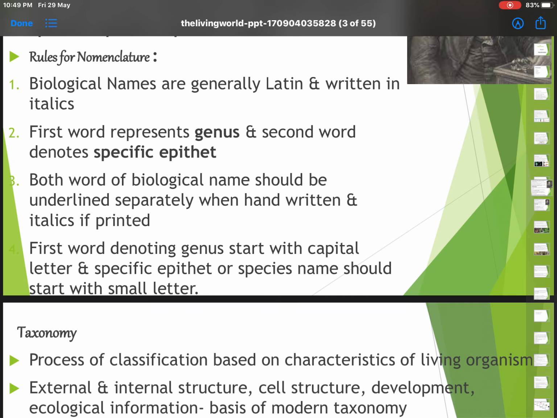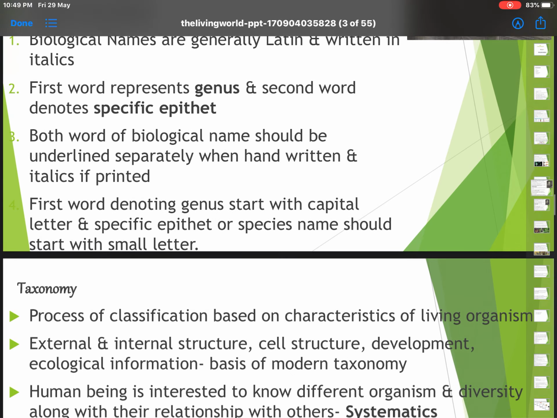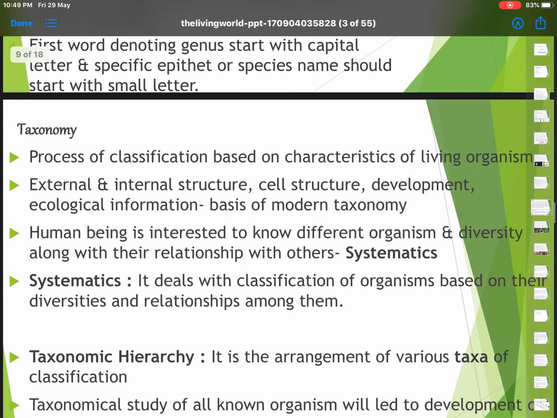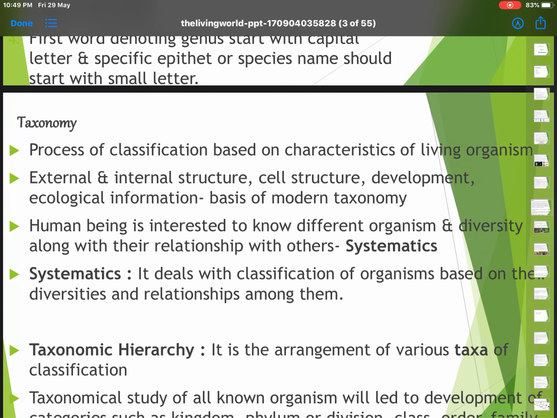For example, our own Homo sapiens. Homo is the genus, sapiens is the species. So you have to underline both words, Homo as well as sapiens. In that, the first letter of the word Homo, H, should be capital. The first word, the genus, starts with a capital, and the specific species name should start with a small letter.